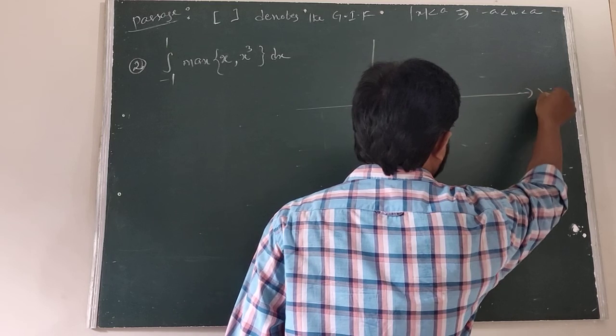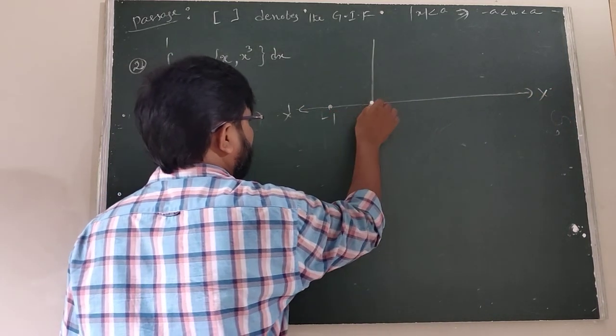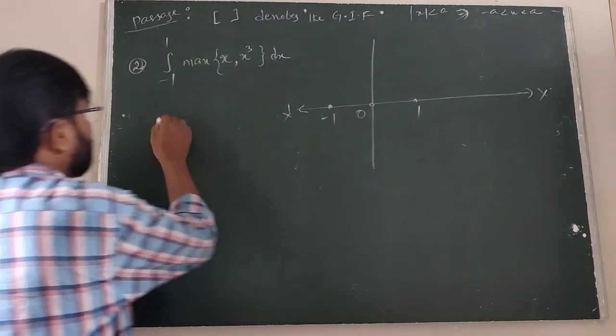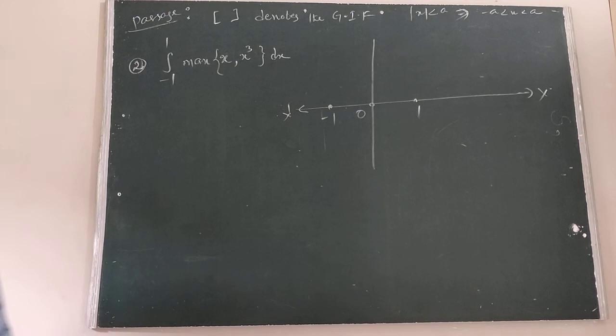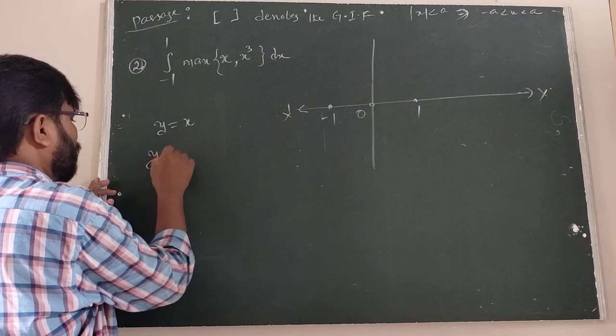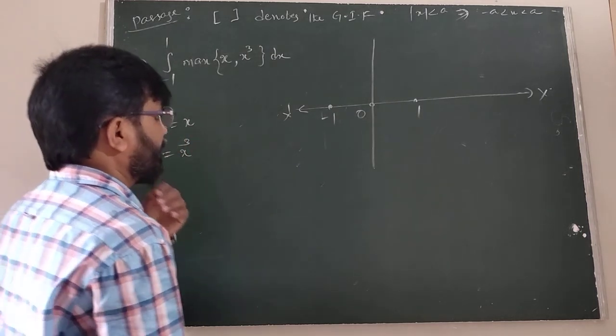This is the x-axis. Okay. We have to take minus 1, 0, 1. First we take y equals x, and another one is y equals x cube. First, y equals x is a straight line.